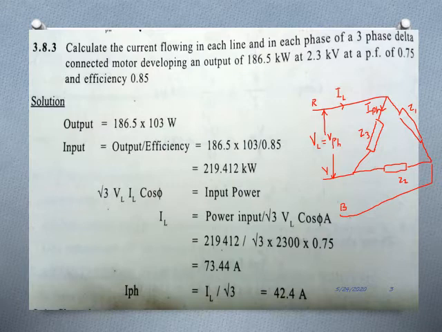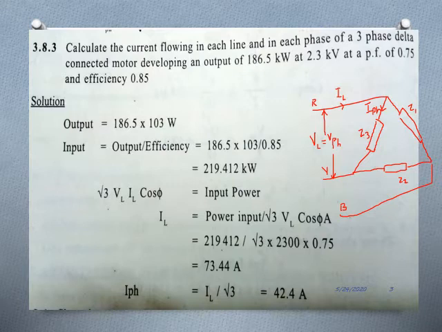Output power is 186.5 into 10 raised to 3 watts. It is not 10 cubed, it is actually 10 raised to 3. Then we need to calculate the input power to get the IL or the line current. So input power is output power divided by efficiency. It is from the equation efficiency is equal to output power divided by input power.